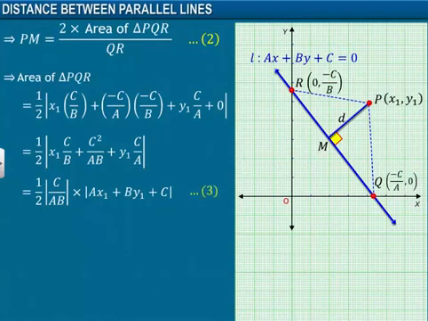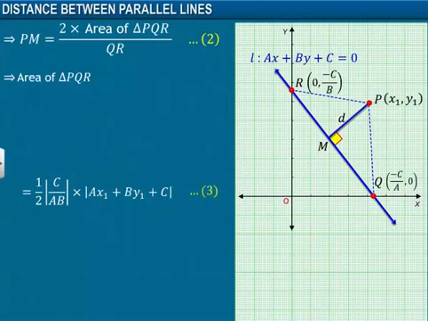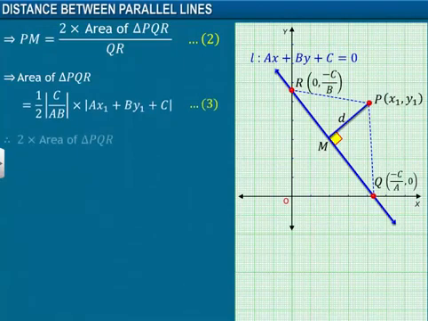Therefore, twice the area of triangle PQR is equal to modulus of C/AB into modulus of Ax1 + By1 + C. Let this be equation 4.